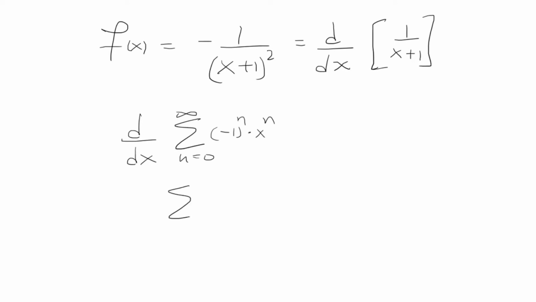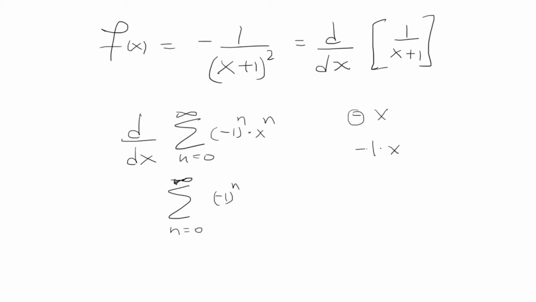I'm going to bring the derivative inside, and I'm not going to worry about the negative 1 to the n, because the derivative does not change the sign. It's like if you're taking the derivative of negative x, you're not taking the derivative of the negative, because think of that as just a constant.